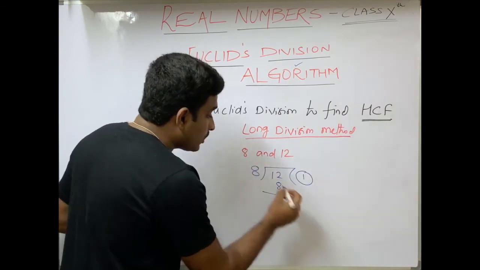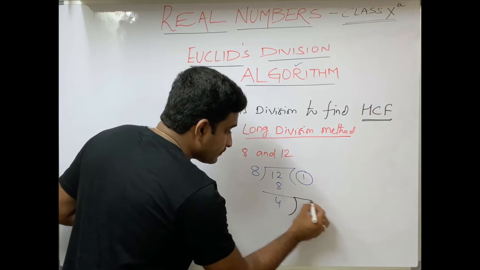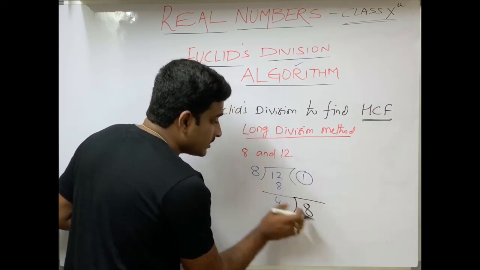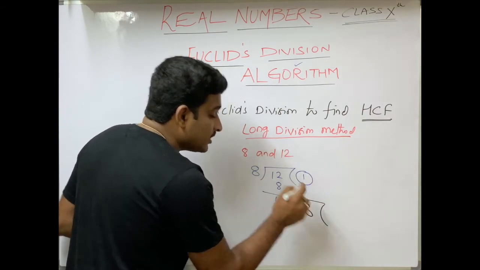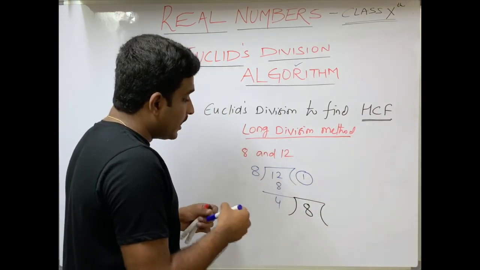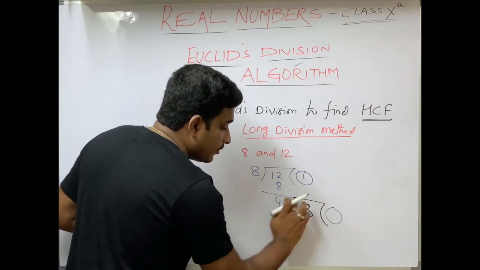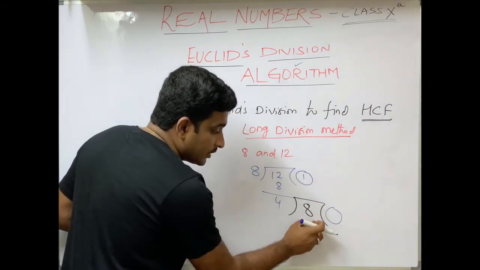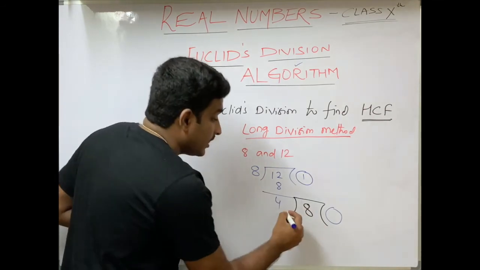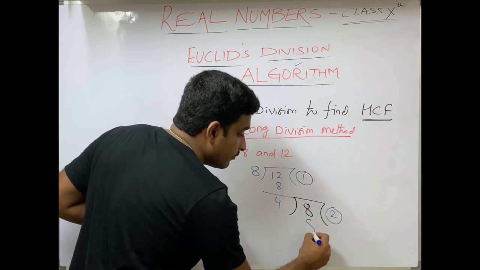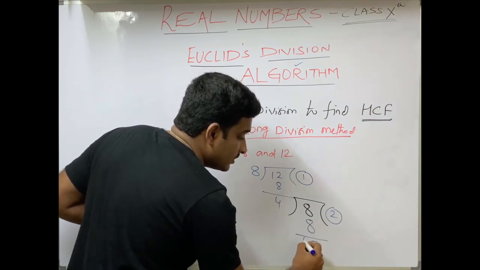The next step is that he took 8 directly here. Whatever divisor it was, it is copied here, and from here the same step is repeated. We take the number which when multiplied gives 8 or less than 8. When we divide 8 by 4, 4 twos are 8, and finally the remainder is 0.